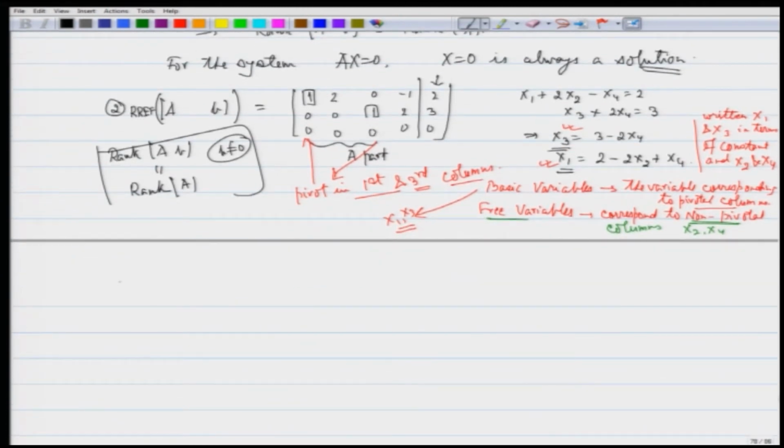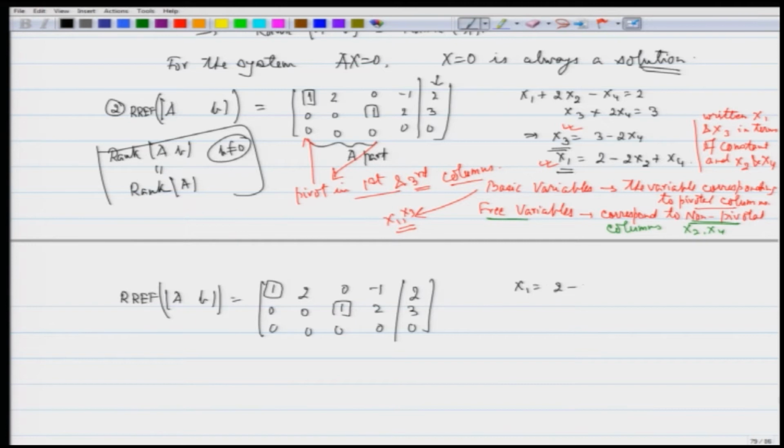So what I have is my RREF of AB was 1 0 0 2 0 0 0 1 0 minus 1 2 0 2 3 0. x1 was 2 minus 2x2 plus x4. x3 was 3 minus 2x4.